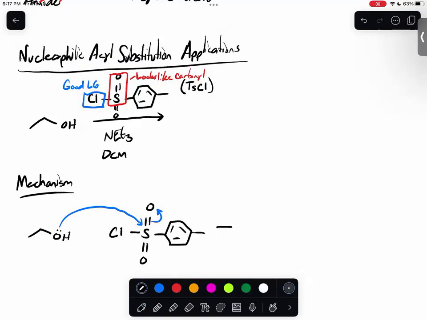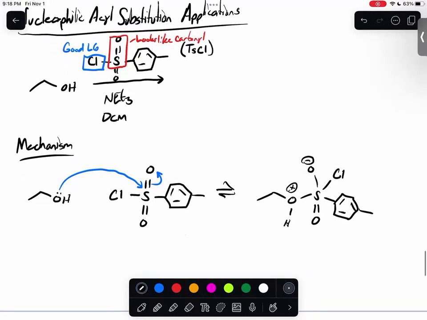And this generates an intermediate where the sulfur now has an oxygen with a negative charge. It has the double bond to an oxygen, it has a chloride, and it has that aromatic ring still attached. At this point, we look over and we see the chloride is ready to act as a leaving group, and so the oxygen gladly obliges and lets it leave while forming the double bond back and kicking it out.